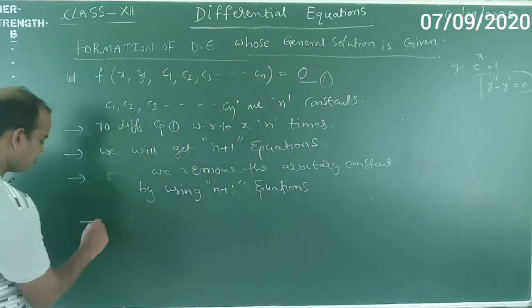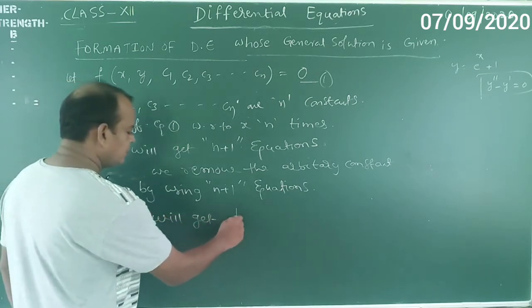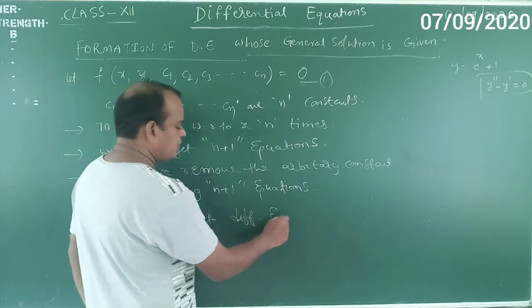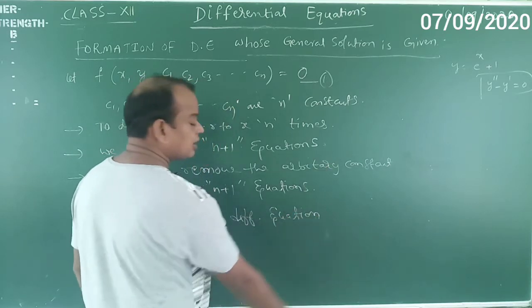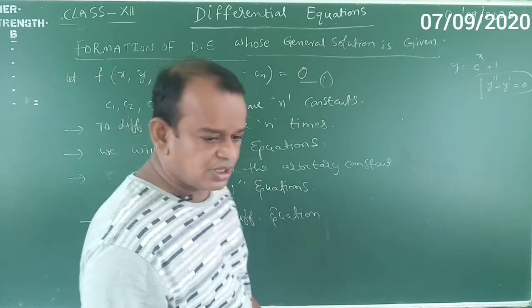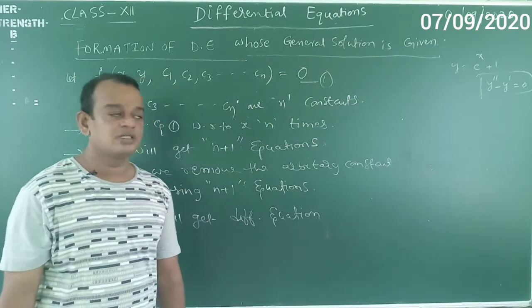Now after that what happened? We will get the differential equation. Whenever you remove the constants by using the above equations, 100% you will get the differential equation. My dear students, this is the process.